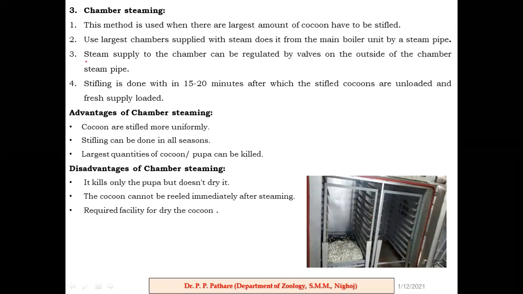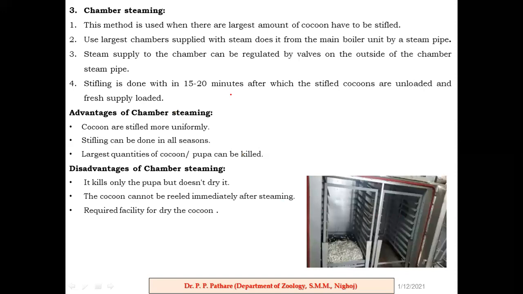Then they continuously supply very hot air in the particular chamber. Stippling is done within 15 to 20 minutes, after which whatever cocoon is loaded in your boiler or oven will be totally stippled or steamed. Whatever cocoon is stored inside your boiler can dry plus stipple, that is, kill the pupa inside the cocoon very fast.